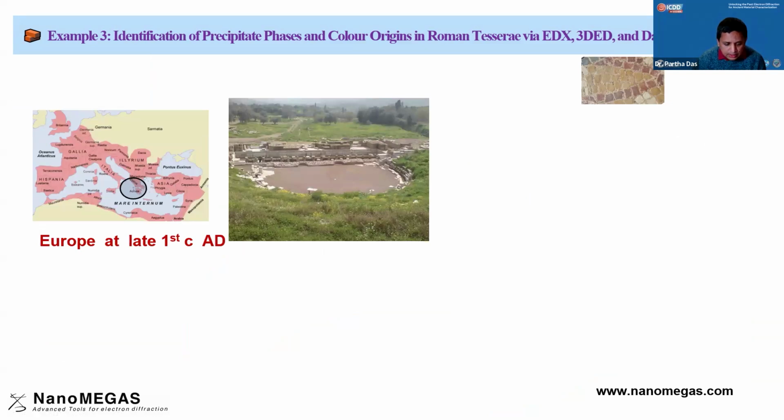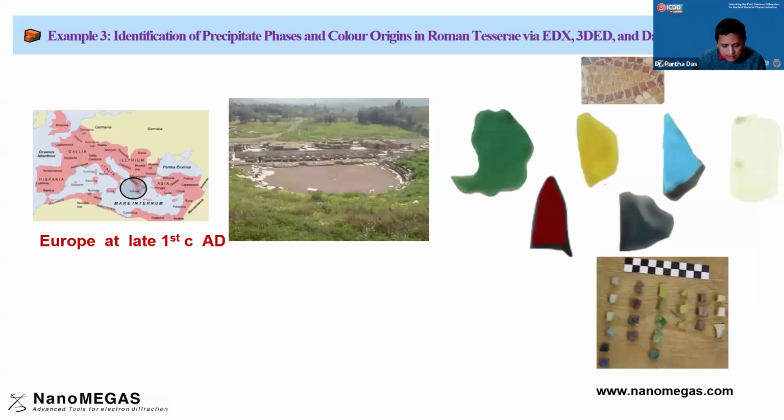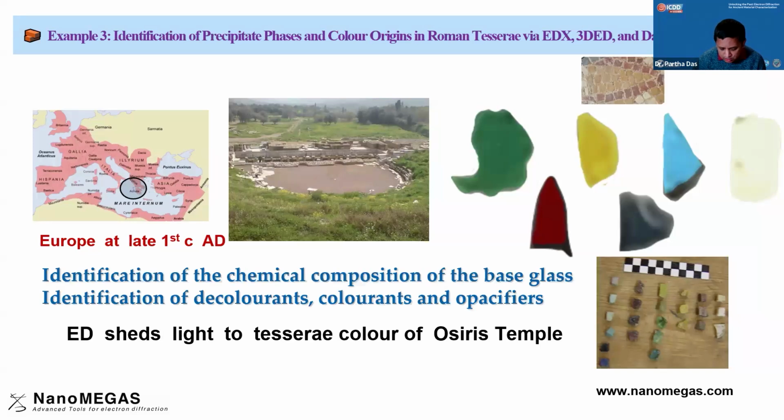The third example is again from Greece. This case study was based on some Roman mosaic glass samples. These samples were excavated in 2008 from southern Greece, and first they were studied by our collaborator Professor Nikos Zacharias and his team by SEM and EDX to get some basic information, and then the sample was sent to us to do electron diffraction to study the crystal structures and compositions.